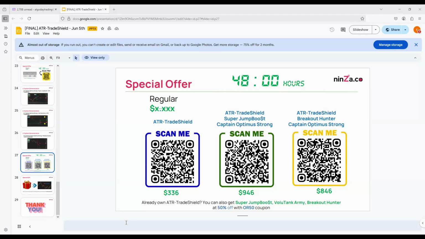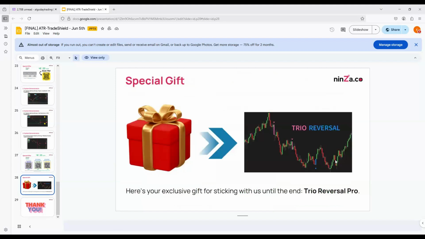Yeah, free gift. I showed it. I just don't know how you would get it. So this is the gift, the trio reversal. As far as how to get it, I guess contact support, NINZA support.